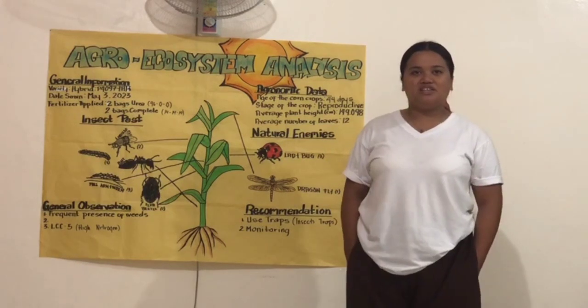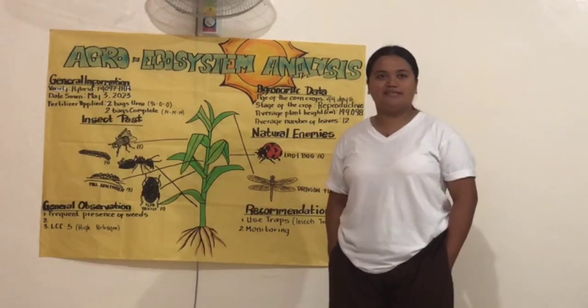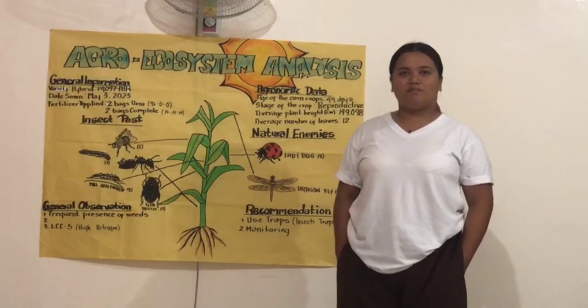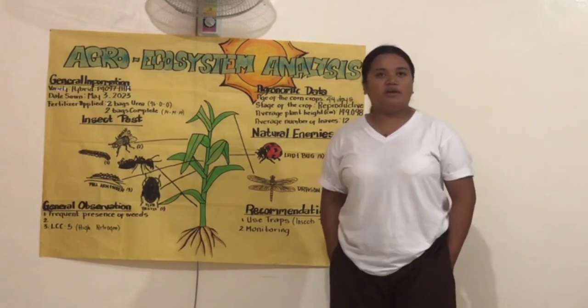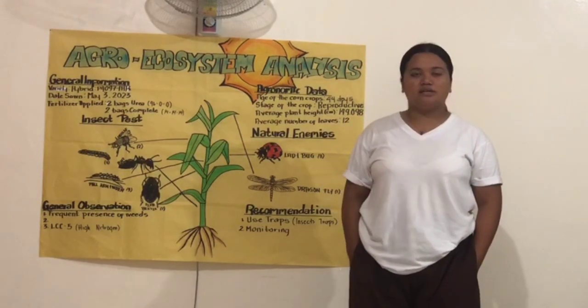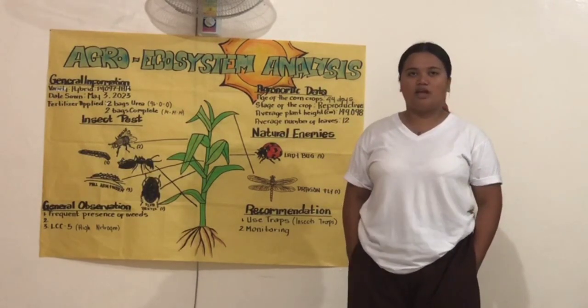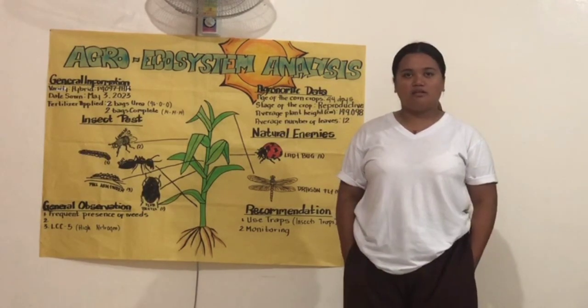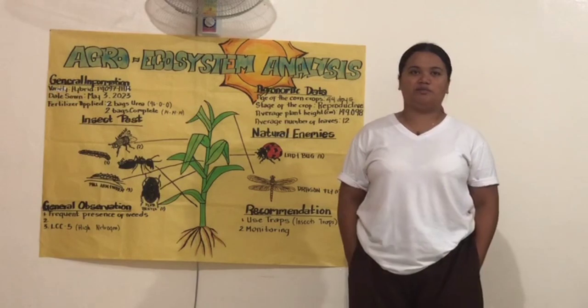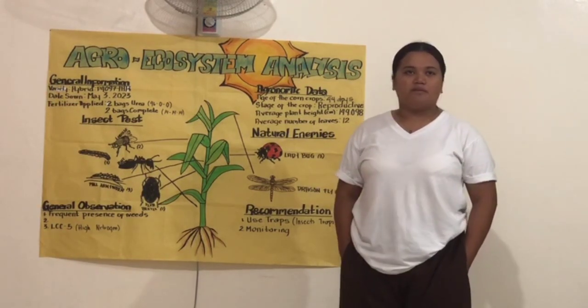This involves the study of living organisms within the agricultural system, such as crops, livestock, pests, and beneficial organisms like pollinators and natural predators. Abiotic factors include non-living elements that affect an ecosystem, such as soil characteristics, water availability, climate, which is temperature, rainfall, and humidity, and topography.